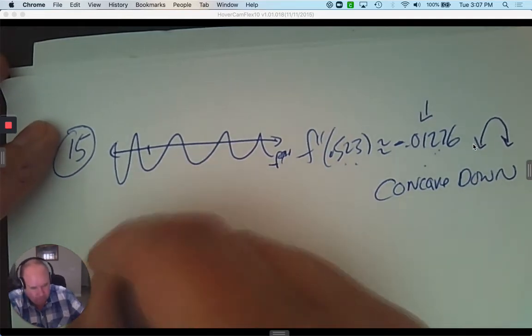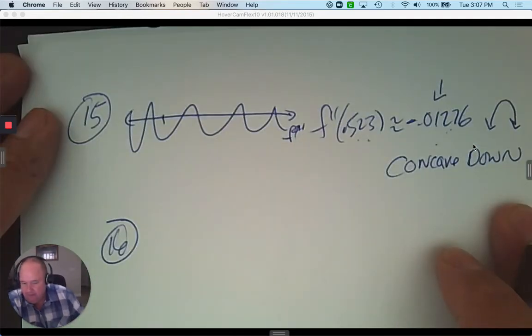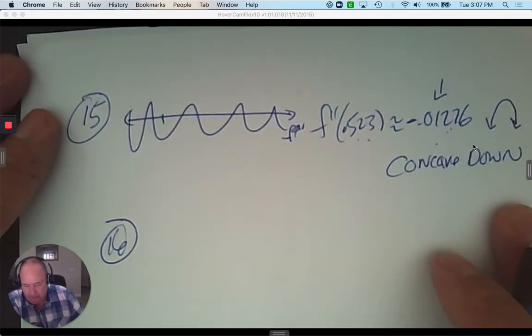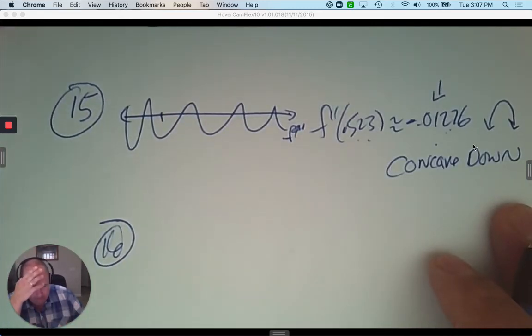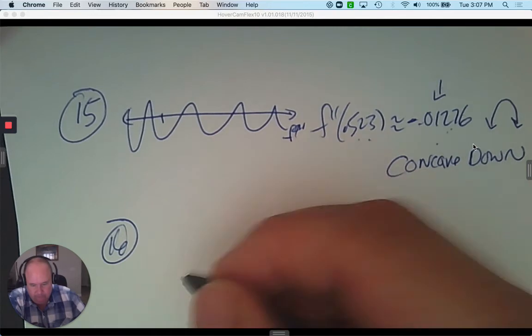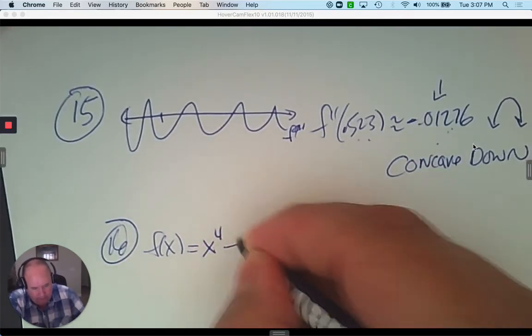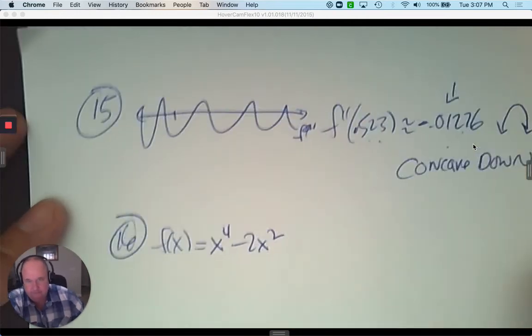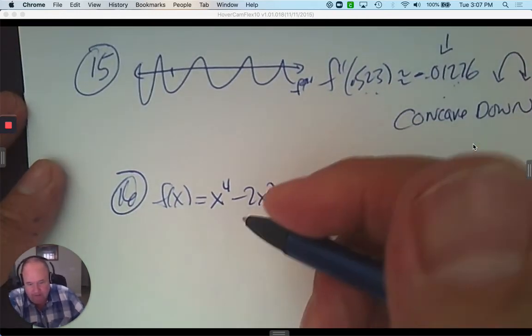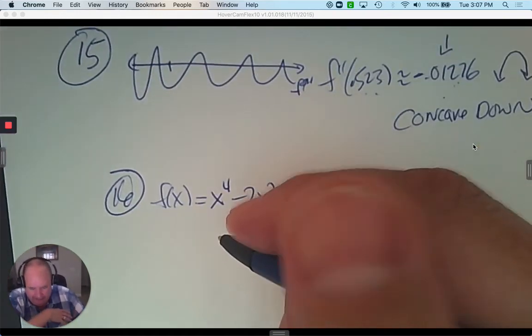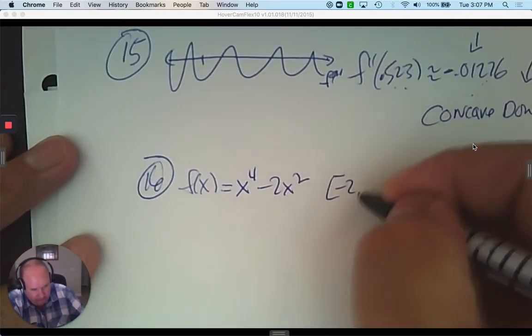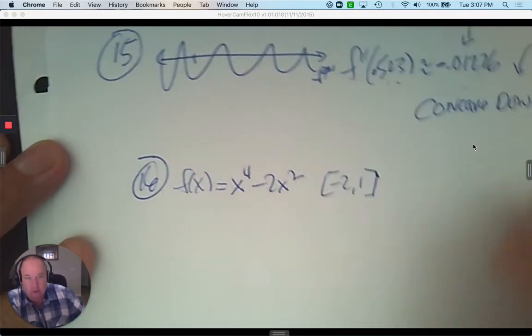16. In number 16, find the absolute maximum and minimum for that function. So we have f of x equals x to the fourth minus 2x squared. And if I want to find the absolute max and absolute minimum from negative 2 to 1, I'm going to do a table.